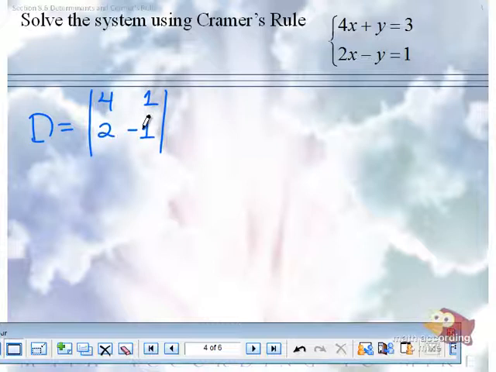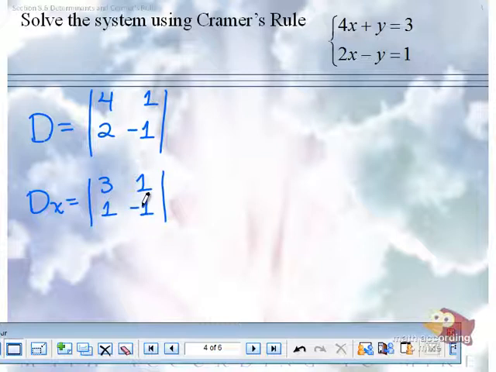Good. D sub x is going to be this matrix, but instead of the x column, we're going to put the constants. So going across, what will this be? Yeah, good.